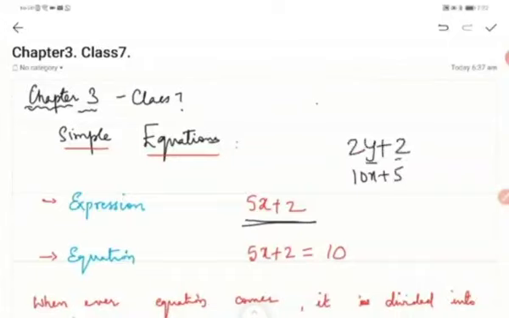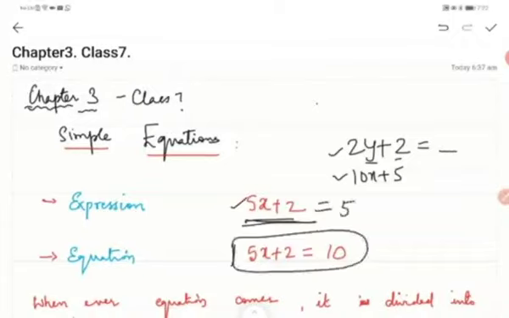Okay, of this sort, but in which you don't have equal to something. So that kind of thing we call expressions. Okay, if you get equal to, you call it an equation. So in this form you'll have equations.